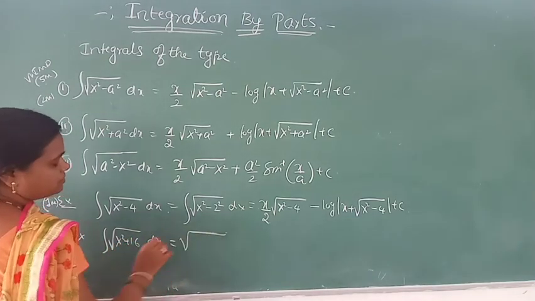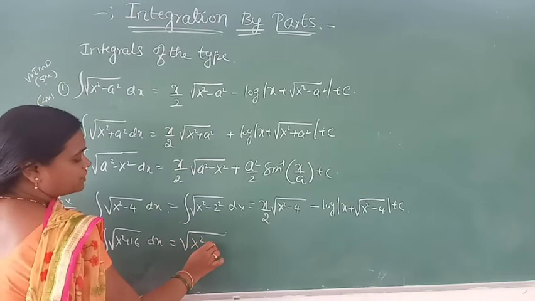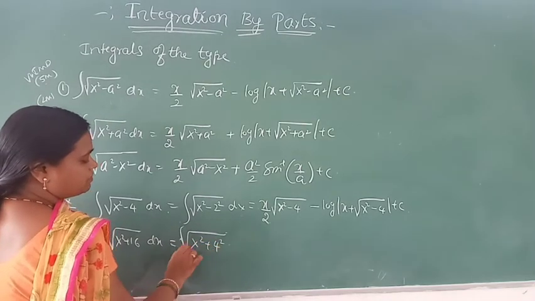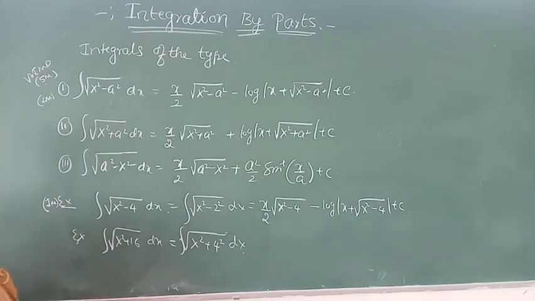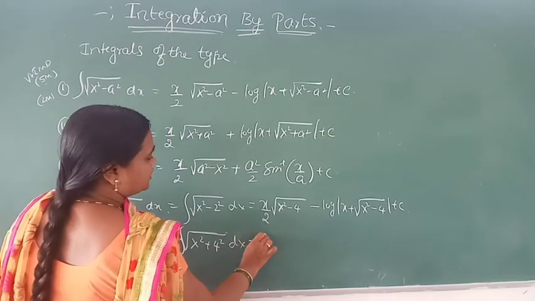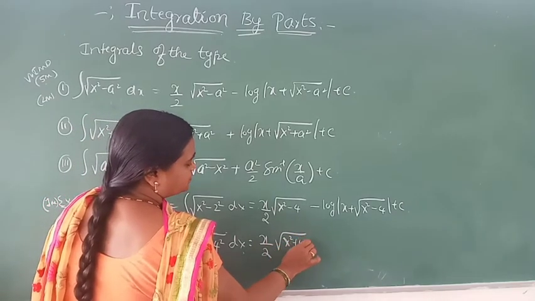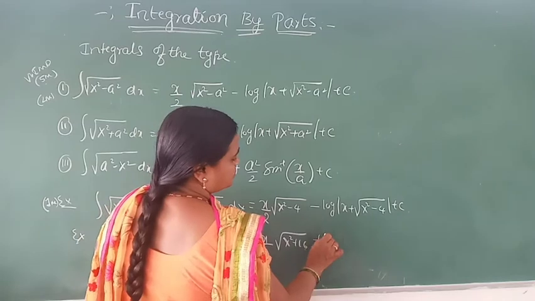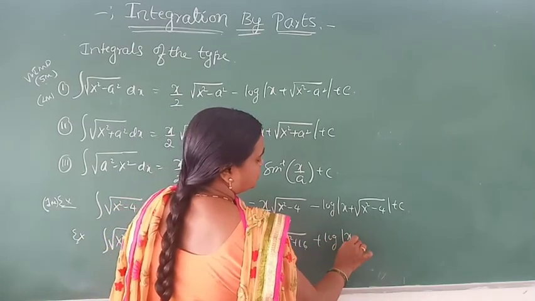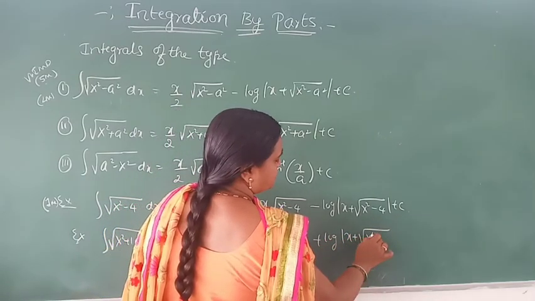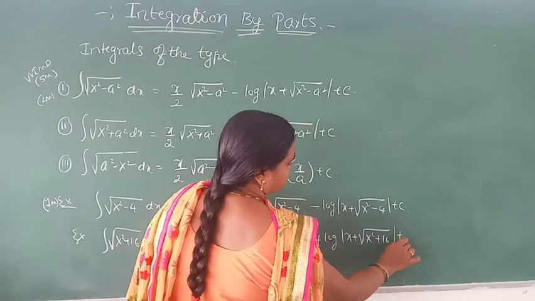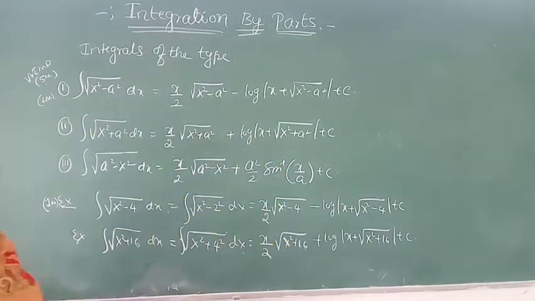This can be done as integration of root of x square plus 4 square, because the perfect square of 16 is 4. And the formula is this, we have to apply it. X by 2 root of x square plus 16 plus log of modulus of x plus root of x square plus 16 plus c. This is the example.